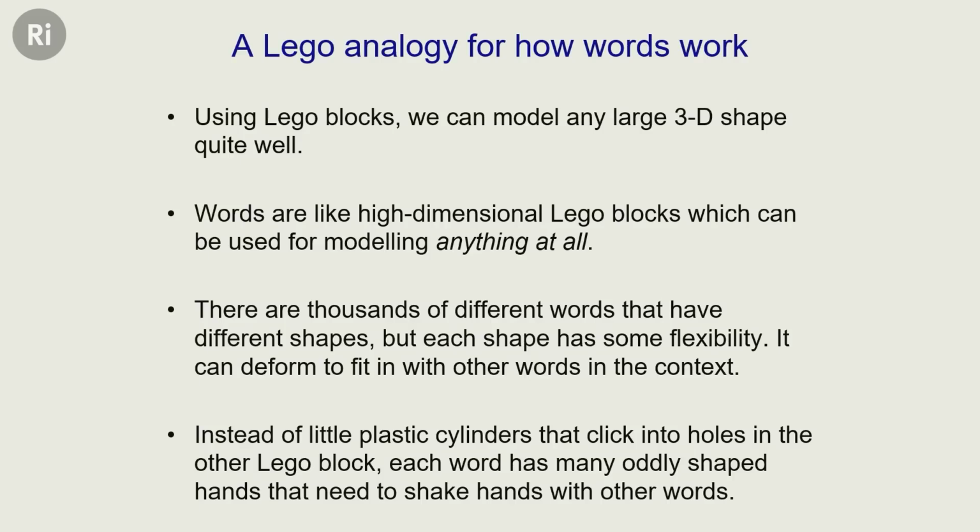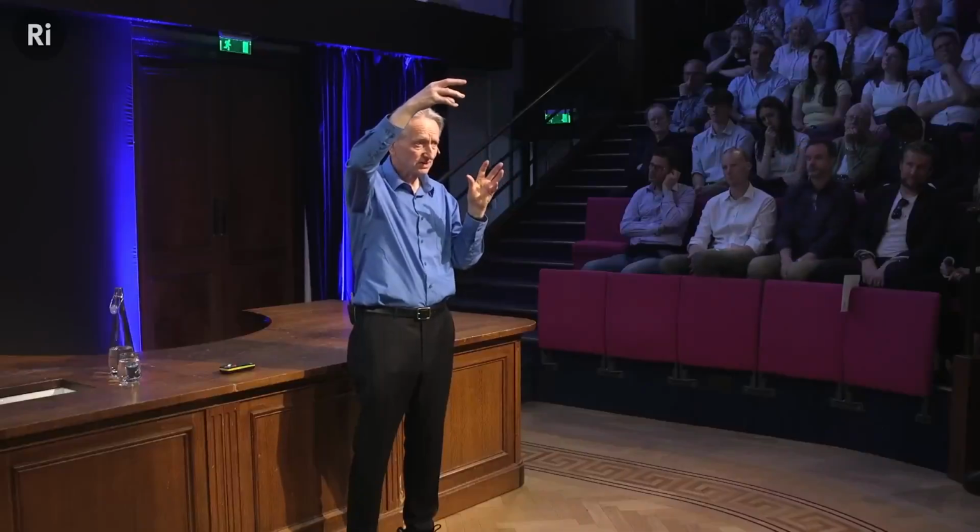So the Lego blocks are the words, and instead of just having a few types of Lego block, we've got about 100,000 of them. And each Lego block isn't a rigid shape. The name of the word tells you roughly what shape it is, in 1,000 dimensions or 300 dimensions.